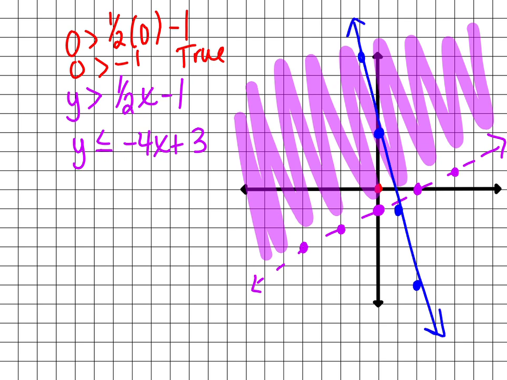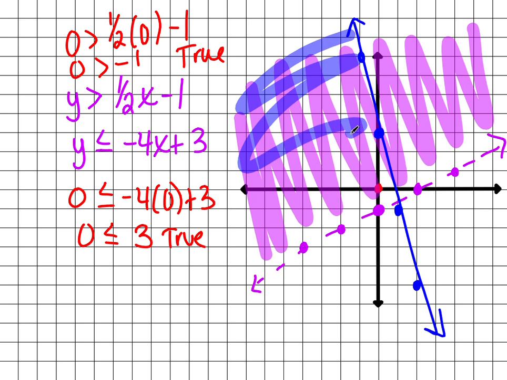Now here I want to shade where it's less than, which as a general rule of thumb will be below the line. But let's test our test point 0, 0. 0 less than or equal to negative 4 times 0 plus 3. 0 less than or equal to 3. Again, another true statement. So 0, 0 is in the shaded region, and I would shade where 0, 0 is included.